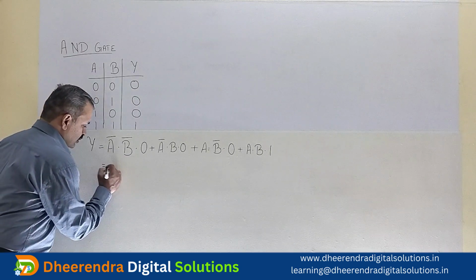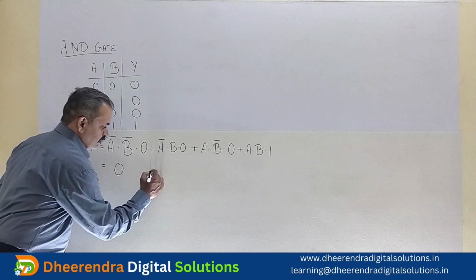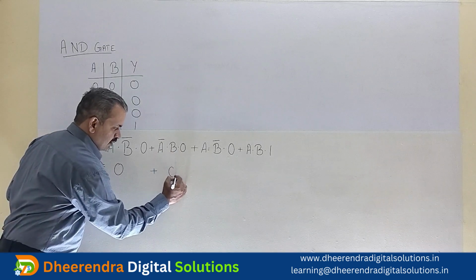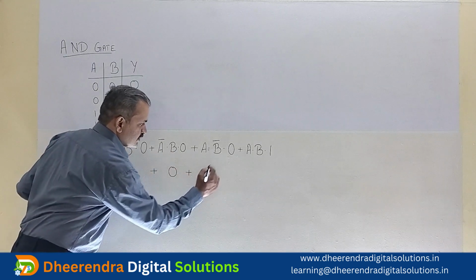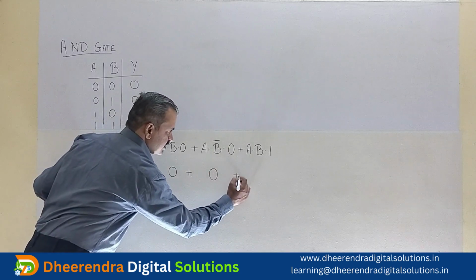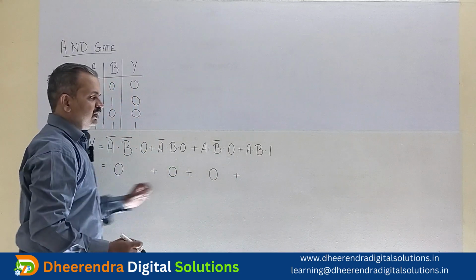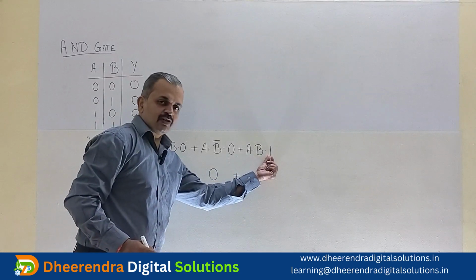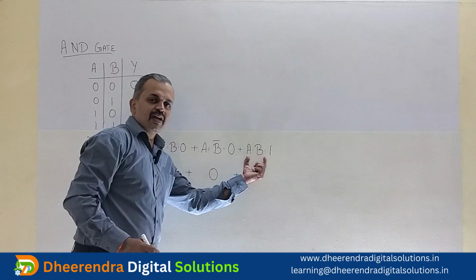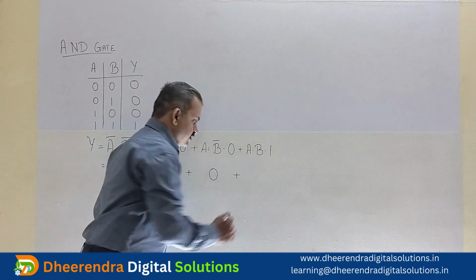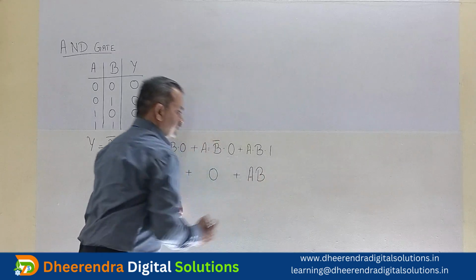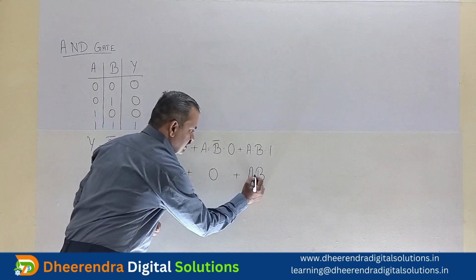So this will be equal to 0 plus, since this is 0, we get 0 here, plus, since this is 0, we get 0 here, plus, since this is 1, since one part of the statement is true, the statement's meaning depends on the remaining part of the signal. So this will become A B, or A dot B.